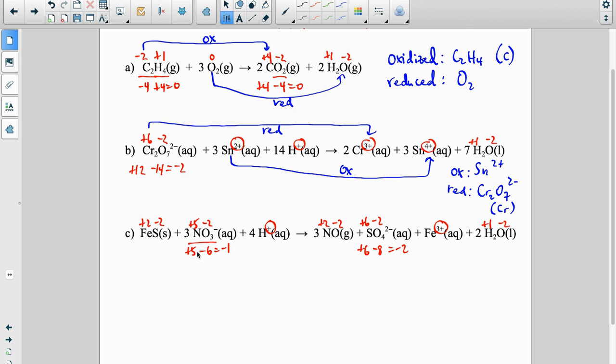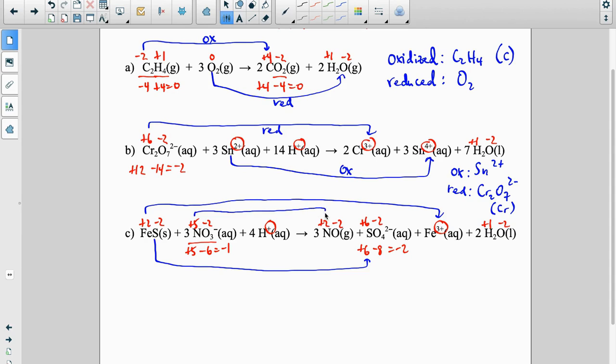So we can see here that Fe changes to Fe3+, goes from 2+ to 3+. And this is unusual in that sulfur here is also changing oxidation number. It's going from -2 to +6. Is there another change that we can see? Yeah, here's nitrogen going from +5 to +2.